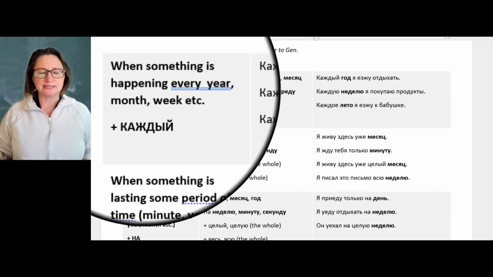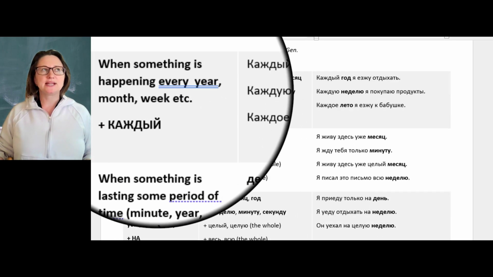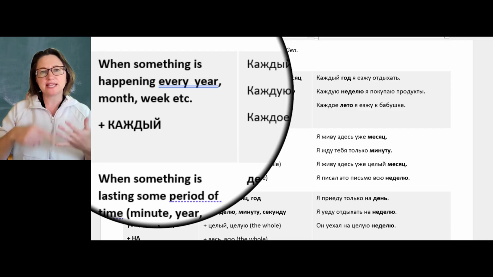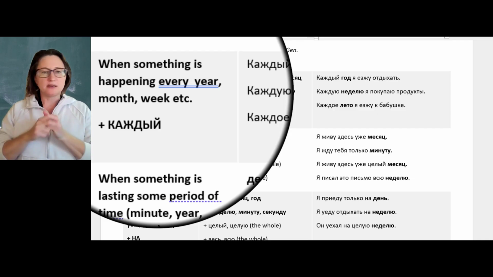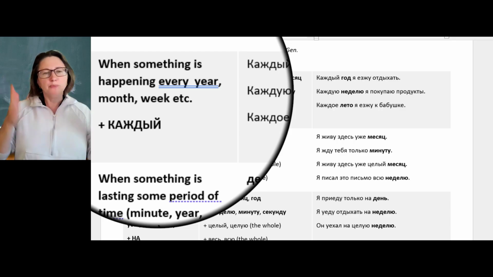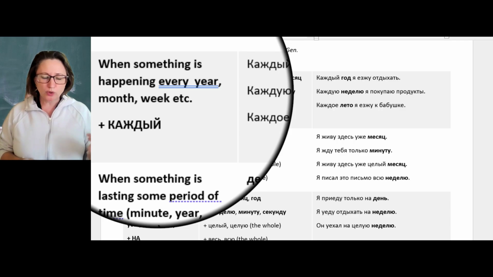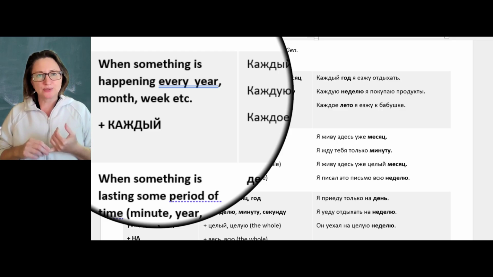Then our next context is how we say when something happens every this, every that. Like every month, every minute, every year, every Monday, every morning, and so on. Remember when we talked about dative, I told you that the preposition по and dative plural form takes care of the meaning every, but it only goes with the time of day, like every morning, по утрам, or days of the week, every Monday, по понедельникам.